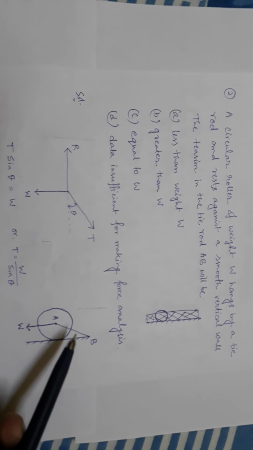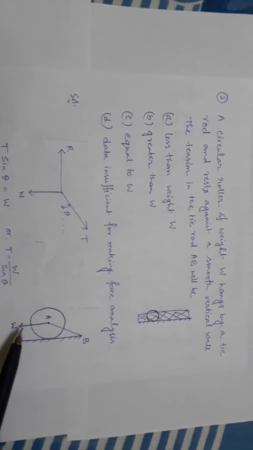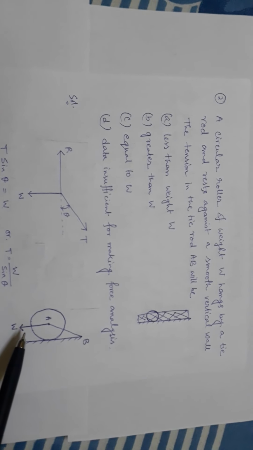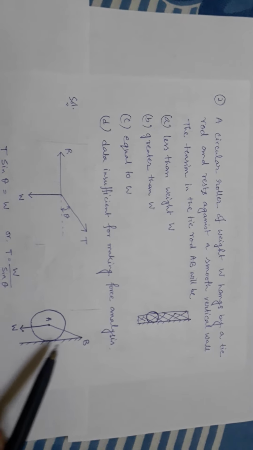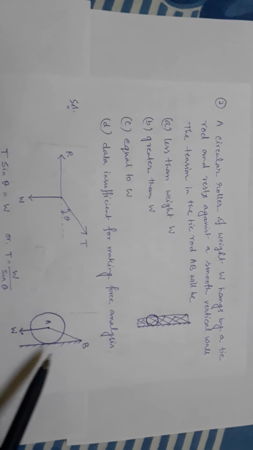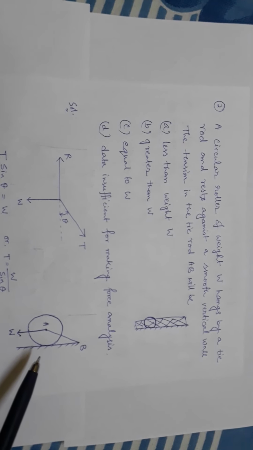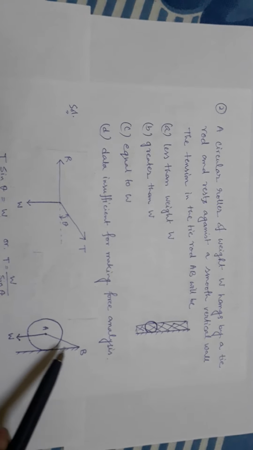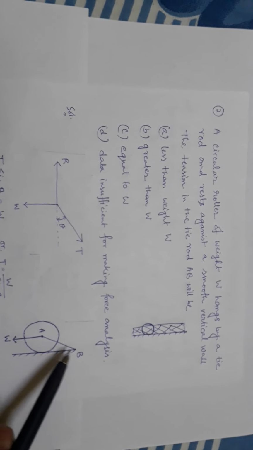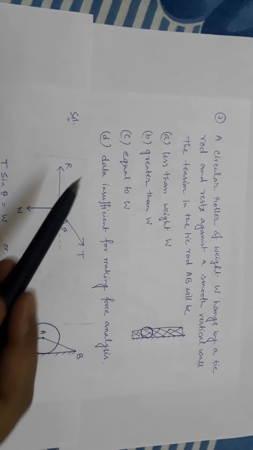So a circular roller of weight W hangs by a tie rod, this is the tie rod, and rests against a smooth vertical wall. This is the smooth vertical wall. The tension in the tie rod AB. So we have to find out the value of the tension of the tie rod for this portion. Okay, so there are four options.